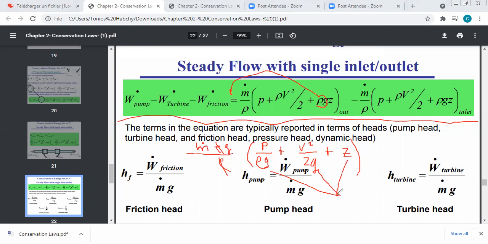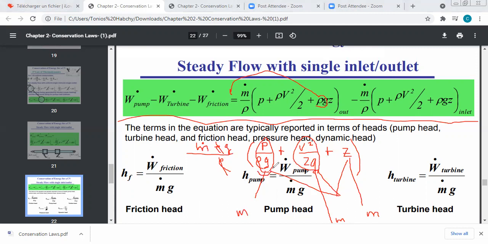Now, all of these terms will have the same unit, because for an equation to be physical, when I add terms, they should have the same unit. The unit of z is meter. V square over 2g is also in meter, and P over rho g is in meter. So we call these terms head.